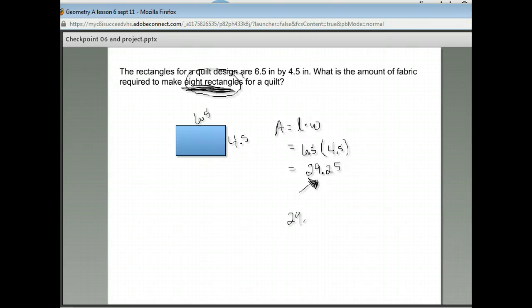Yeah, just like that. We multiply by 8. Good. So it would take, I get 234 square inches of quilt fabric we're going to need for 8 of those rectangles. Okay. Are there any questions on that problem?